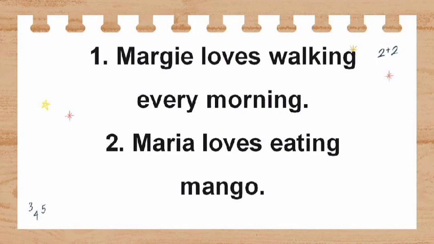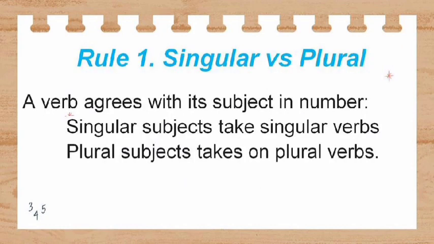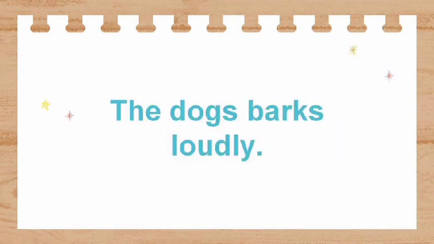So now let's move on to our subject-verb agreement rule number 1, which is singular versus plural. A verb agrees with its subject in number. Singular subjects take singular verbs, and plural subjects take plural verbs. For example, the dogs barks loudly.